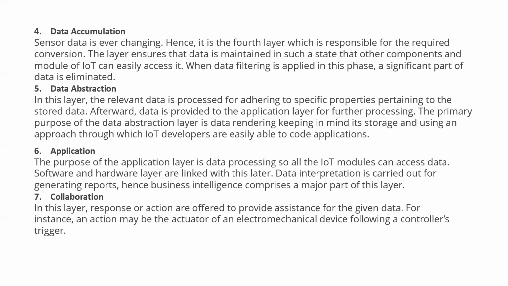Then in the collaboration layer, that action is actually converted into an electrical signal with the help of some actuator, and that particular electromechanical device is turned on or turned off. So these are the actual actions happening in the collaboration layer, and which action should be taken is given by the application layer. So the application layer is also an intelligent layer, and it generates which kind of action should be taken as per our requirement. So this is all about the seven-layer architecture of Internet of Things.